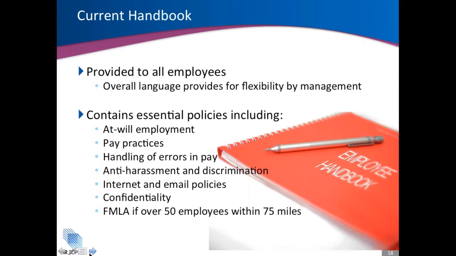Your employee handbook is certainly a piece of every audit that I think you need to go back and look at every year. You want to make sure that every employee is getting one. Now, these days, most employees will access their handbook via the internet, and that's absolutely fine. You just want to make sure that all employees know where it is and how to access the relevant policies.